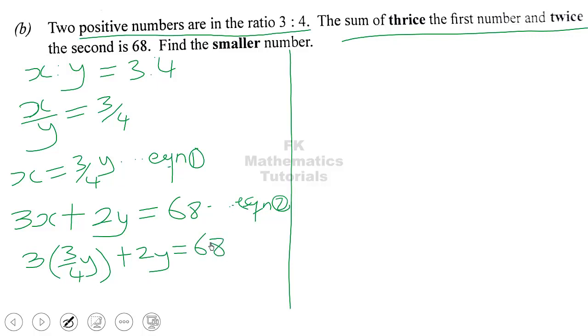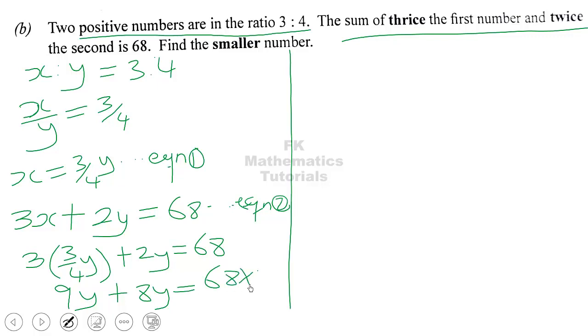Let's clear the fraction by multiplying through by 4. So that will give me 9y. So 2y times 4 will give you 8y. So the first term is giving us 9y because when we multiply through by 4, the 4 will cancel the denominator. Then 3 times 3 will be 9 times y will be 9y.